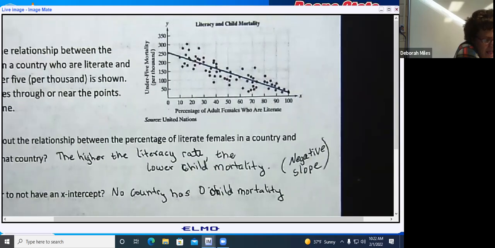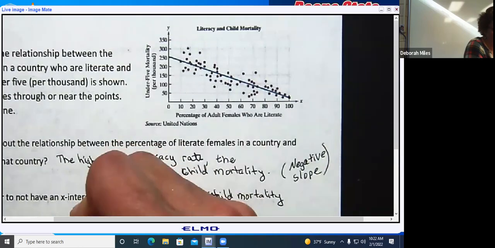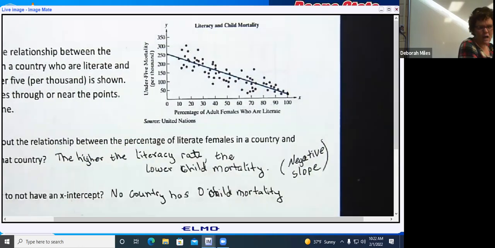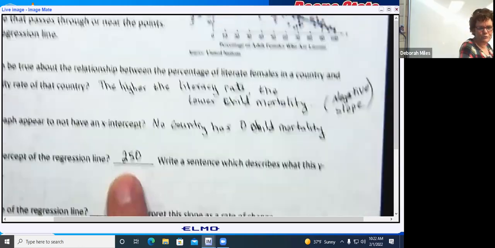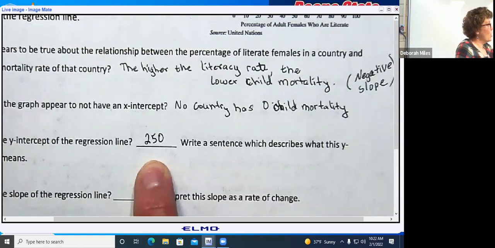What is the y-intercept of that graph? 250? What does that mean? Yeah, in algebra, we can say the y-intercept's 250, but what the heck does that mean? Okay, and what does x stand for here? Oh, yes.